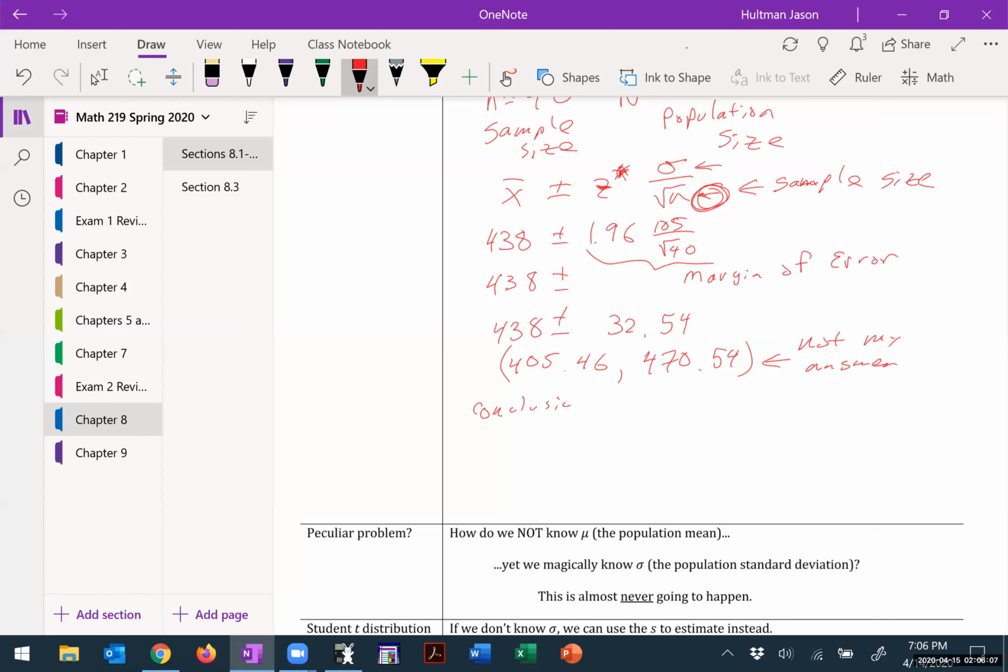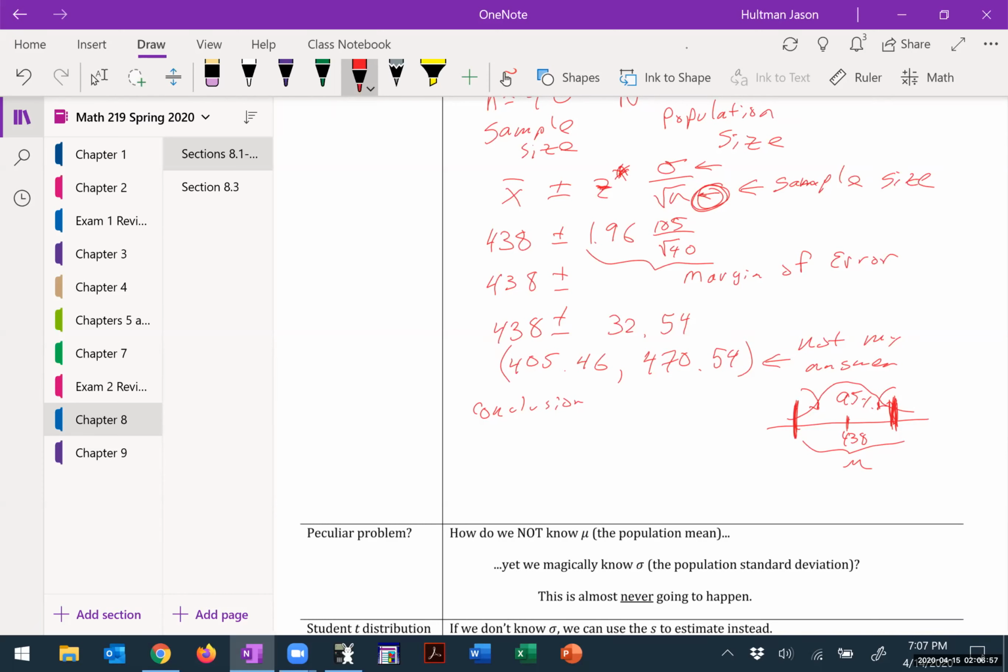What's my conclusion? Well, my conclusion is that given that the sample means are approximately normal, and this guy here is X bar, which is 438, then I am 95% confident that the true mean, mu, which I do not know, is somewhere between these boundaries.